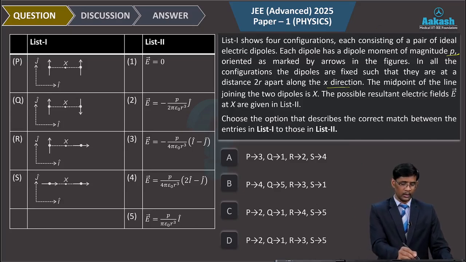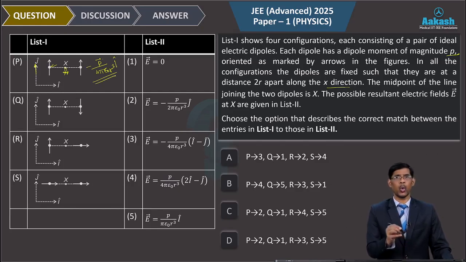So for the P, point x is exactly at the middle of it, so the electric field contribution for this dipole will be along this direction, and for this one also along this direction, and the point x is at broadside point, so we shall say the field contribution due to one dipole will be p divided by 4 pi epsilon naught r cube, and the direction upward is being written as positive j, so the downward will be minus of j.